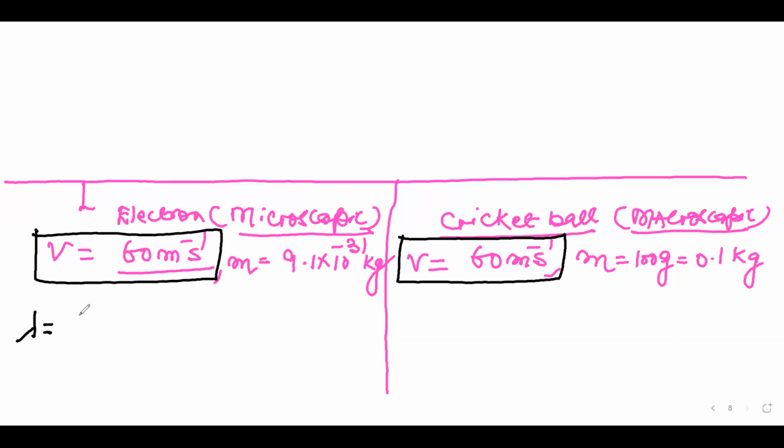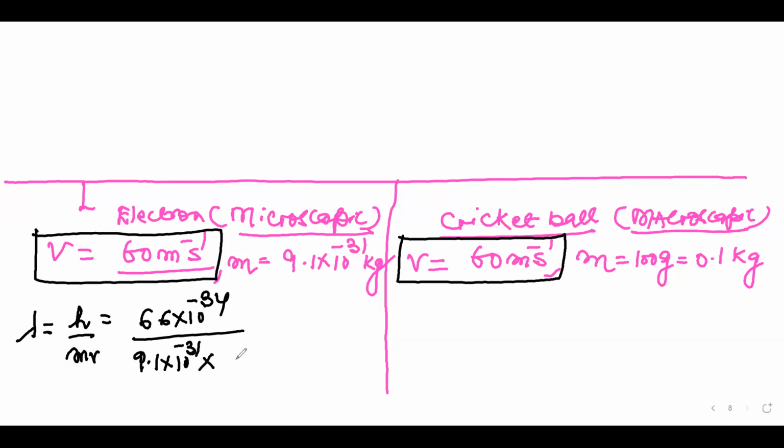So lambda is equal to h over mv. This is 6.6 into 10 raised to power minus 34. Mass is 9.1 into 10 raised to power minus 31, and velocity is 60. Clear? And this value comes to be around 10 raised to power minus 5 meters.